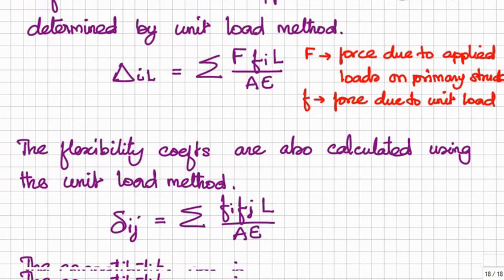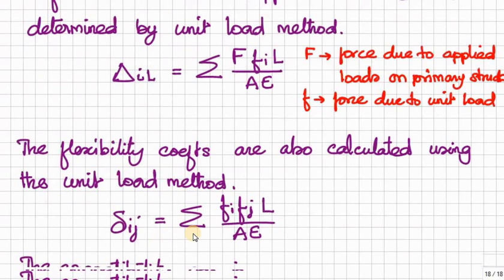Then the flexibility coefficients are calculated using the expression small delta ij is equal to summation of fi into fj into L divided by AE. Here the displacement coefficient small delta ij indicates the displacement at the ith coordinate due to the unit load applied at the jth coordinate.